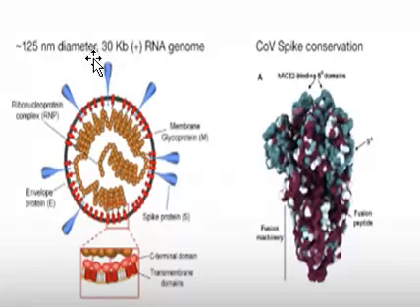So what the virus is trying to do is, this spike is going to attach to our respiratory lung epithelium, and then it wants to give this genome into that cell.